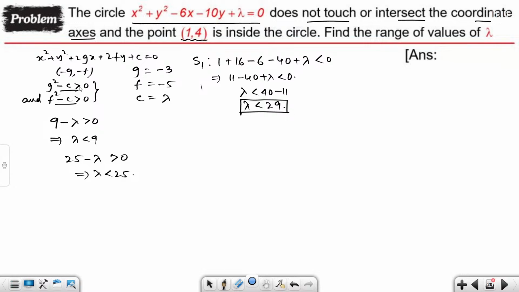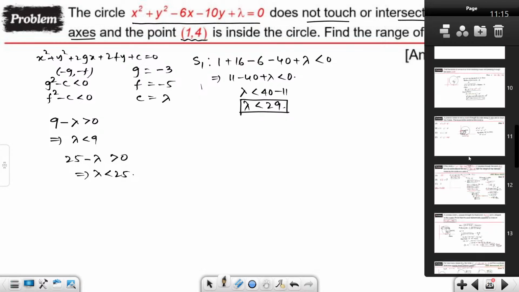So when it is not touching the x-axis, what will be the condition? The condition will be, very sorry, g square minus c is less than 0 and f square minus c is less than 0. Can you remember that? Let me just refer to that slide.